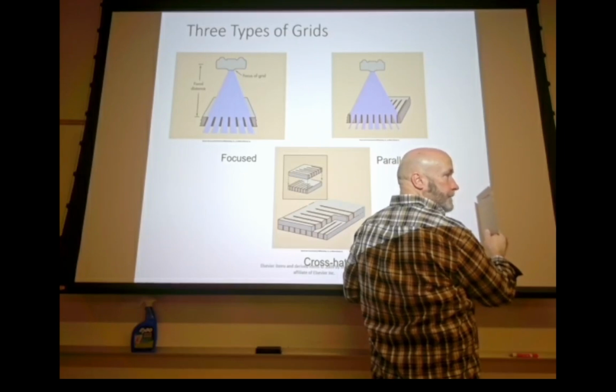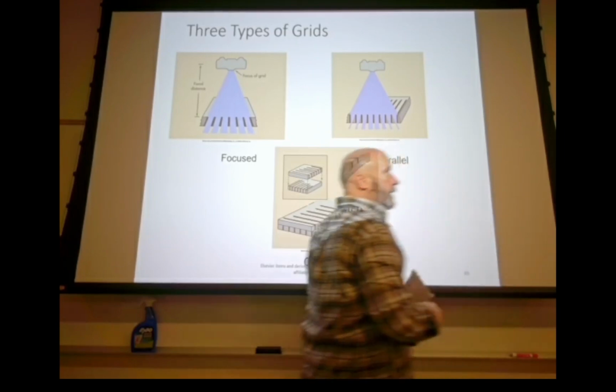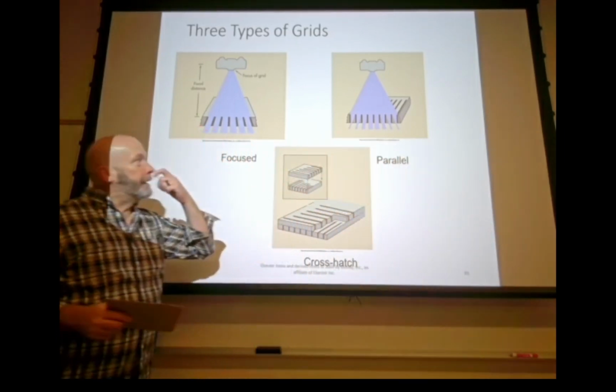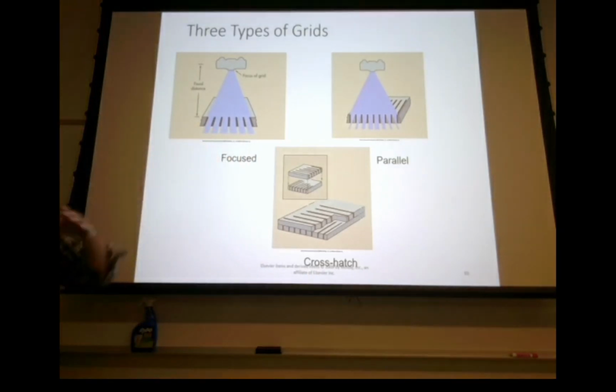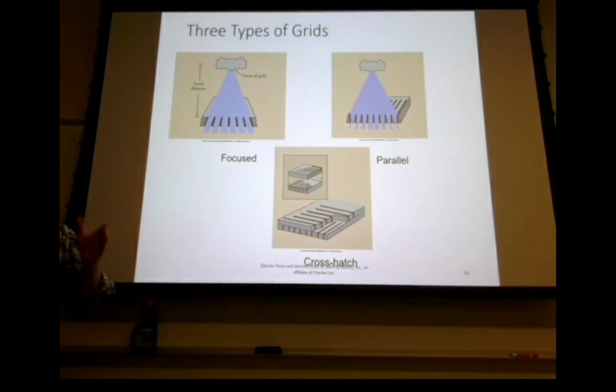It gets wider. Yeah, it gets wider, right? So the problem with a parallel grid is you're always going to have some degree of grid cutoff in the periphery. It might not be perceptible. You might be able to just pick up a little bit of difference in density between the middle and the outer portion, but it's always going to be present.